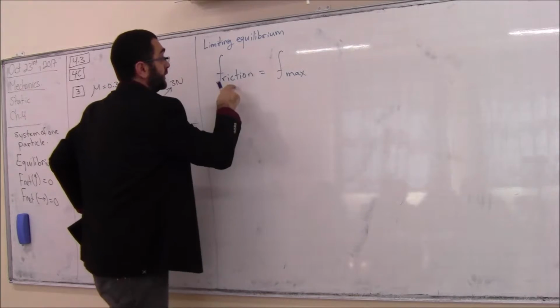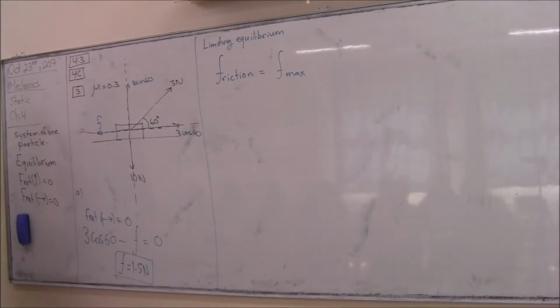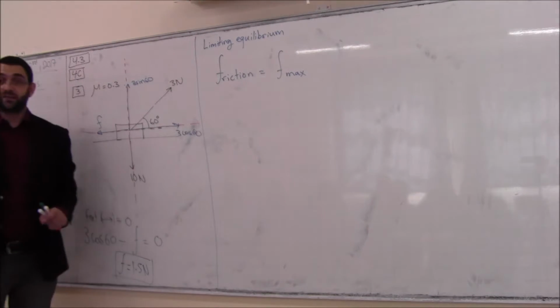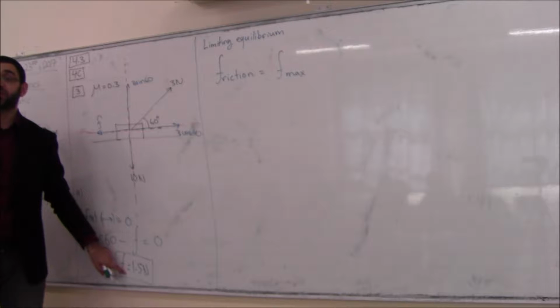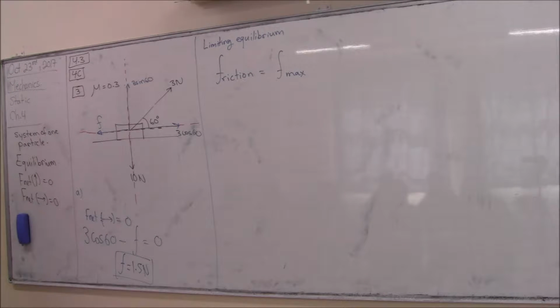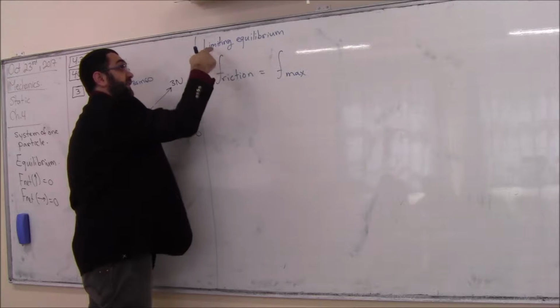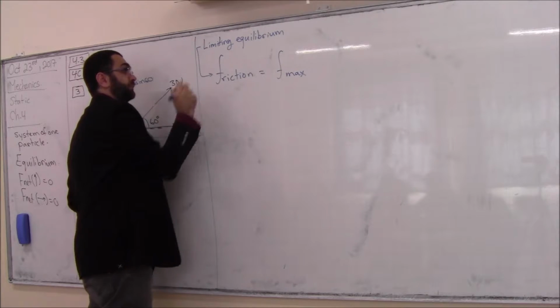So to judge if it's limiting equilibrium or not, I have to find F max. If F max is equal to the friction, it's in limiting equilibrium. If it's less, it's not in limiting equilibrium. Calculate F max. This is the condition for limiting equilibrium.